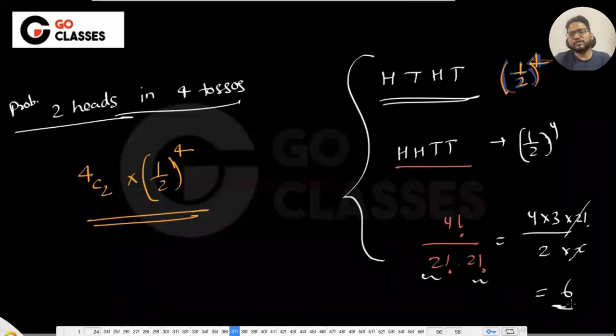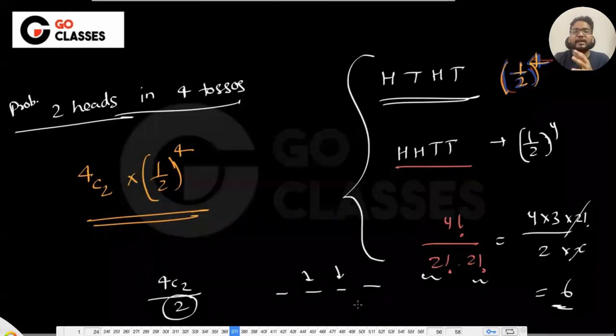So maybe this 4C2 by 2, I'm not sure how you're getting it. See, the division is for overcounting only. Just think that in this 4C2 you are not overcounting anything. You are just choosing 2 places, in 4C2 ways. This is not a permutation; you are not permuting head. Basically, these are the 2 places, and in these 2 places you can put whatever you like.